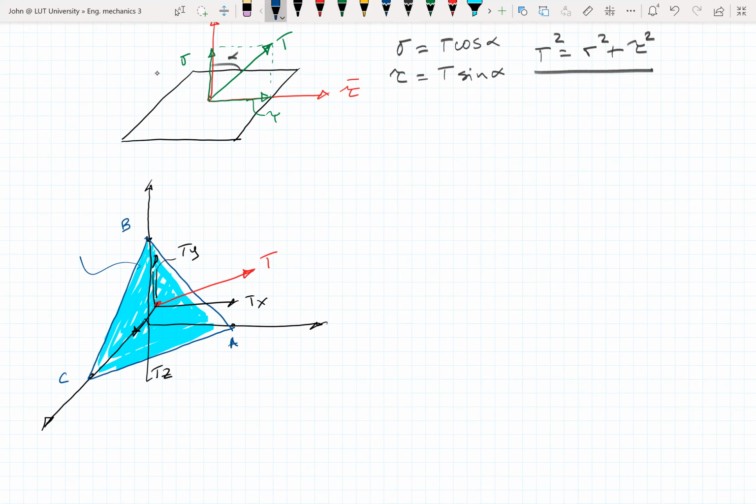Let's call this my area A. If I want to show how to represent this vector t in my new set of coordinate axes, I will draw this plane again.